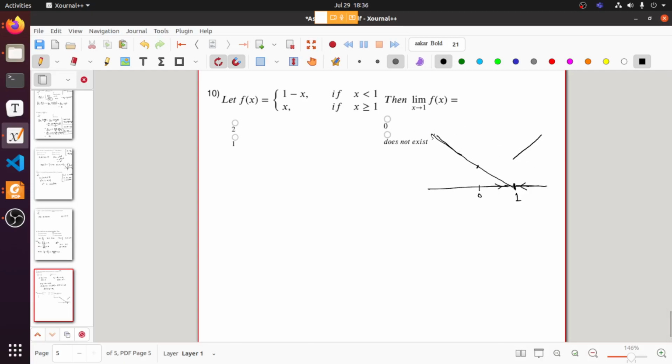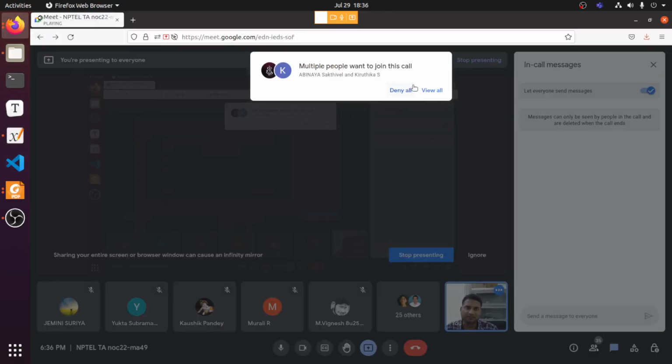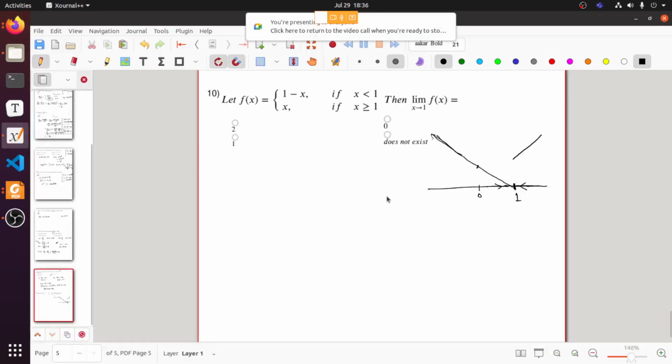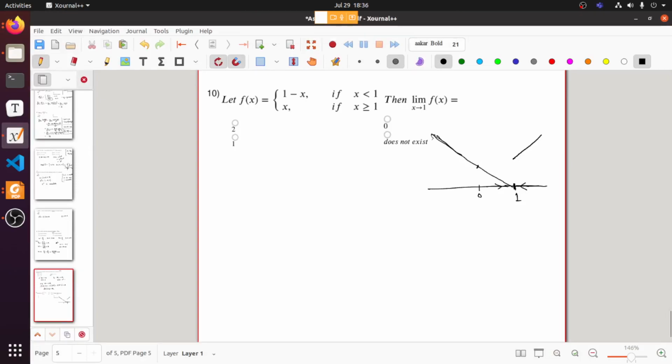From the picture you can see that if x comes from the right hand side of 1, where 1 is included, it gives the value 1. And if it comes from the left hand side of 1, it gives the value 0. So from here you can see that the limit cannot exist.